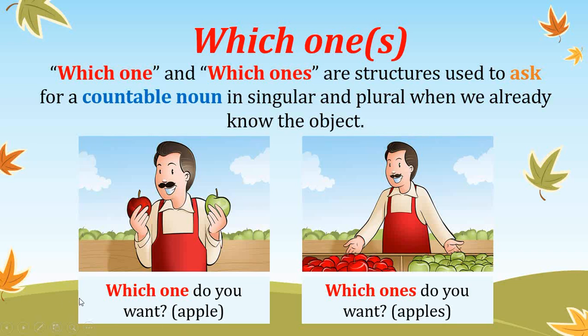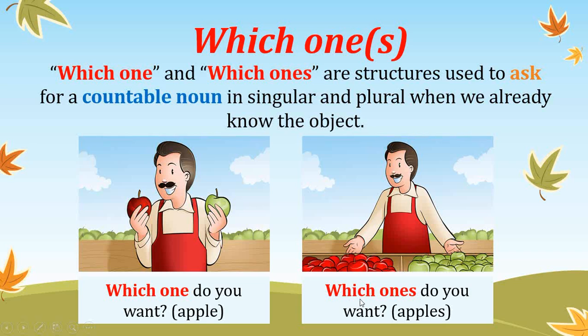For example, which one do you want? We're talking about what? Exactly, about an apple. Which one? The red one or the green one? Now, in the second picture, we have the sentence, which ones do you want?